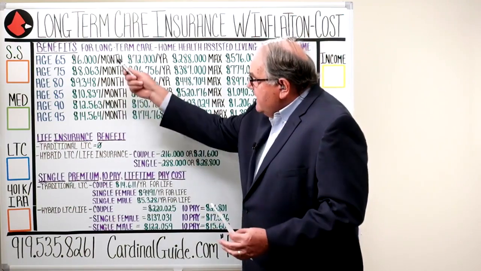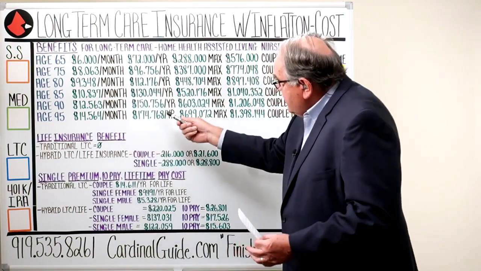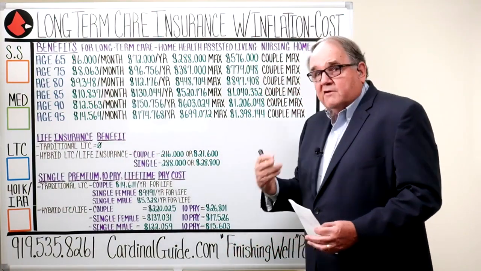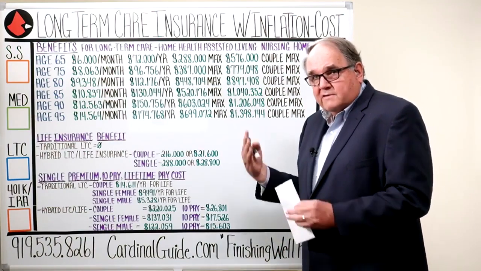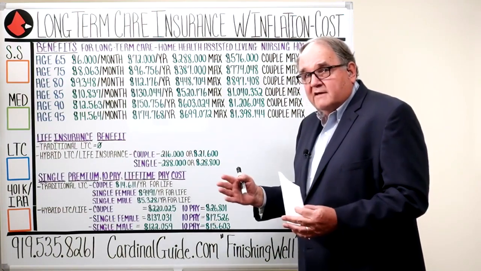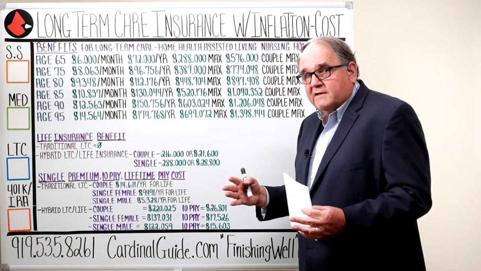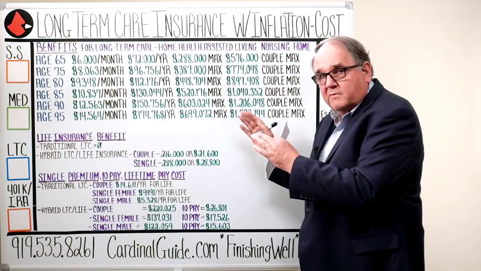So enough on that. These are the numbers. You buy this in a monthly amount or an annual amount, and what we're showing here is a 4-year maximum. We have policies with some different companies than these under the hybrid side that are unlimited, that have no 4-year maximum. So this is not to be limiting, this is just to do a comparison.